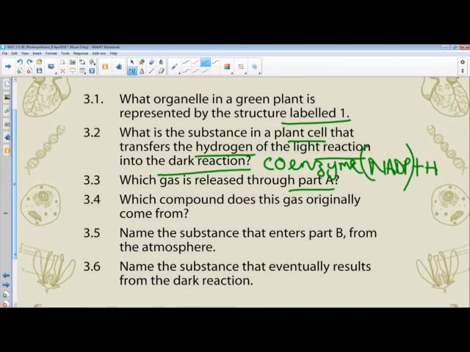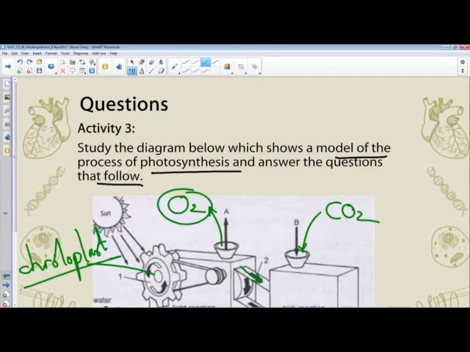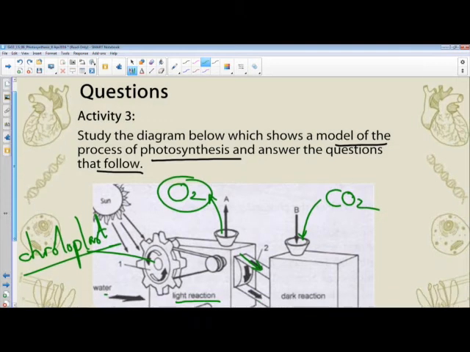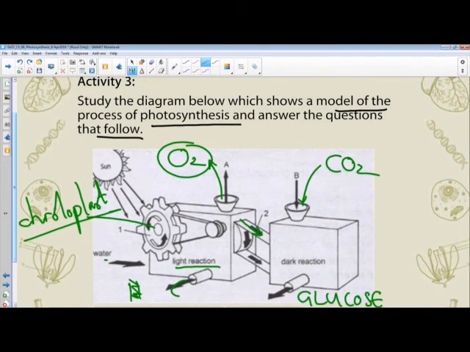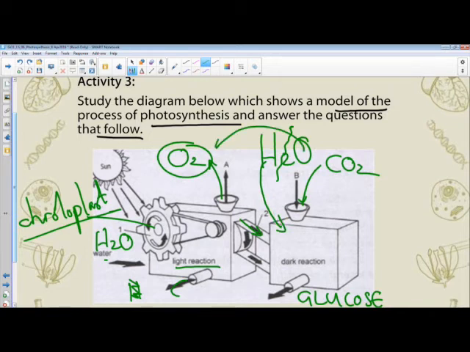Which compound does this gas originally come from? So if we go back to this diagram, where does this water molecule that we labeled here come from? Guys, remember that we spoke about water, H2O. So if we take the water molecule and we split this up and we remove the hydrogen and we send that into the dark reaction, we have this oxygen molecule that is then released as a waste product.